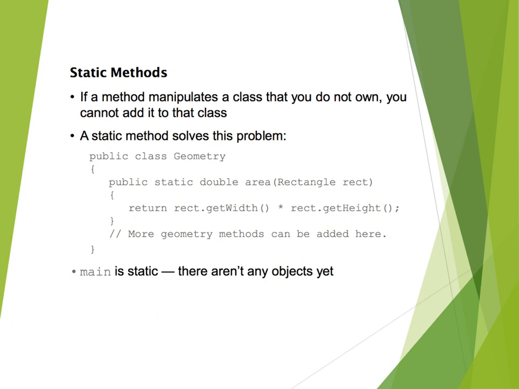Another application of static methods is that normally, if a method manipulates a class that you don't own, you cannot add it to that class. However, if you use a static method, you resolve this problem.